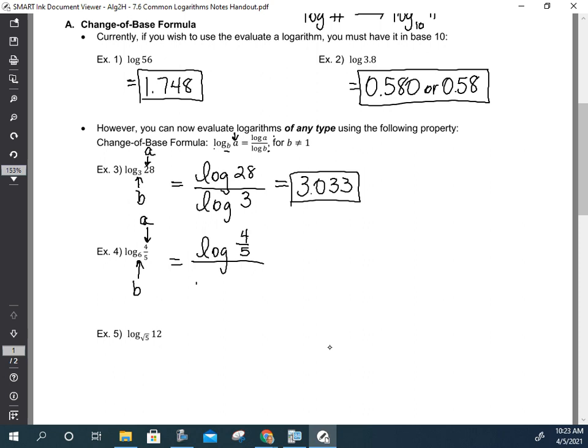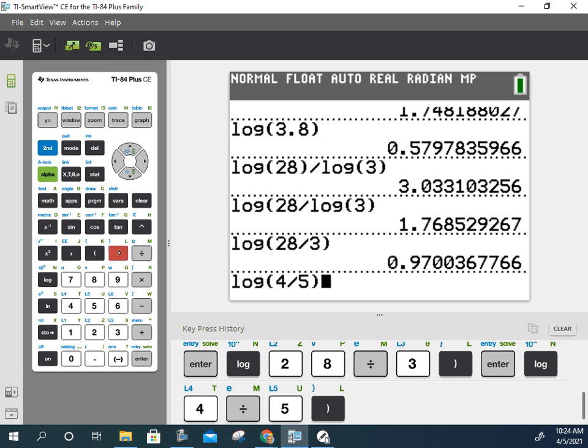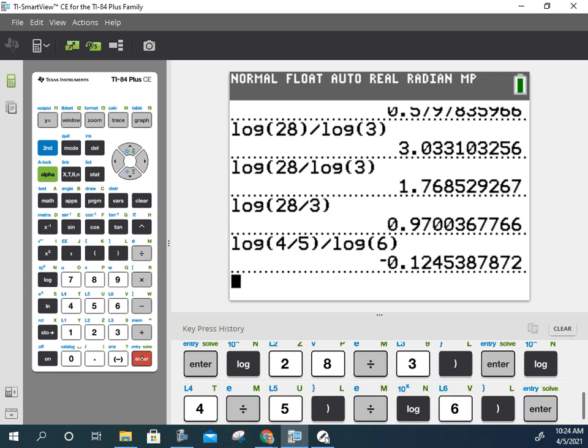Log 4/5, log 6. Once you do the rewrite, then we can make the calculator do the rest of the work. Log 4/5 divided by log 6.